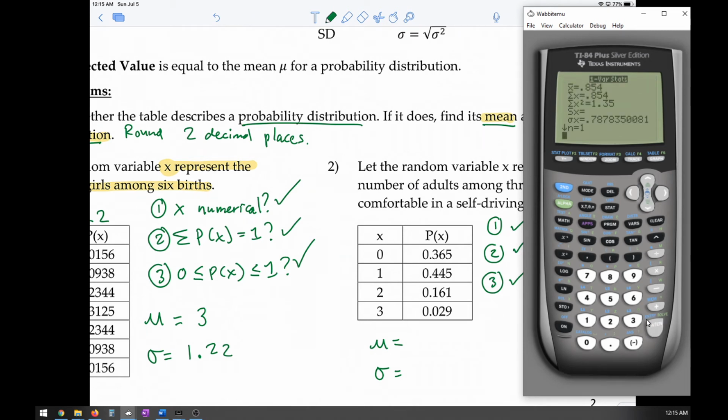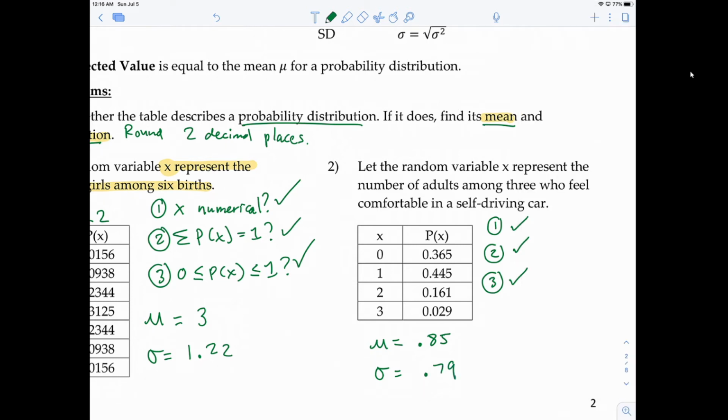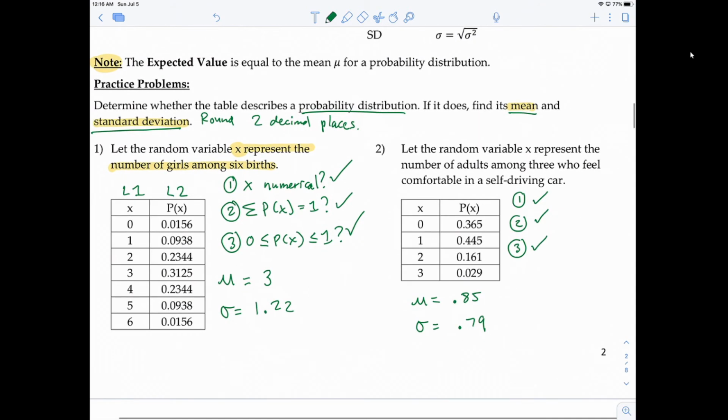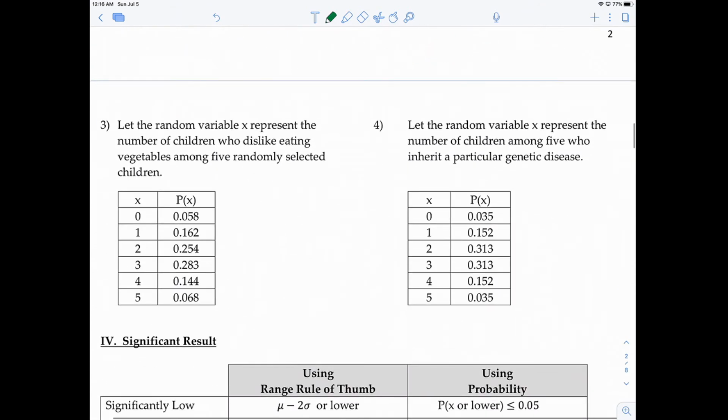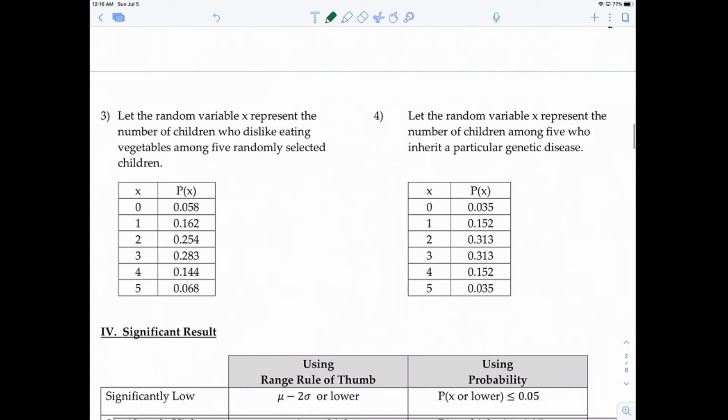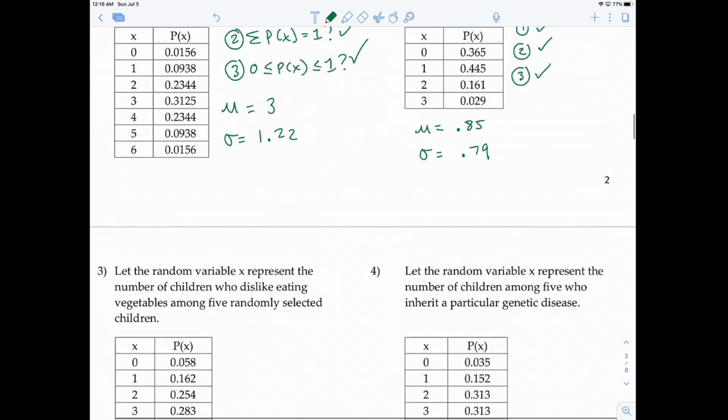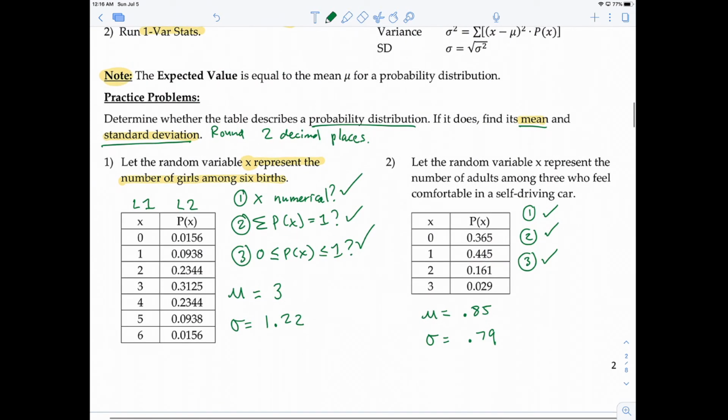So if we're rounding to 2 decimal places, the mean would be 0.85. And then the standard deviation, the population standard deviation would be 0.79, right? Okay, so that's that. I'll let you guys try these 3 and 4. And I just want to remind you guys, for a problem like this, please check those 3 requirements.